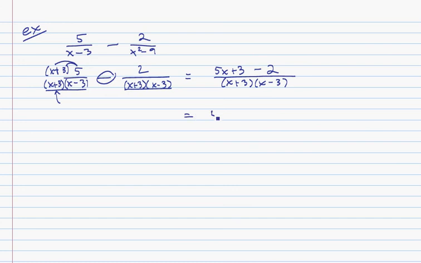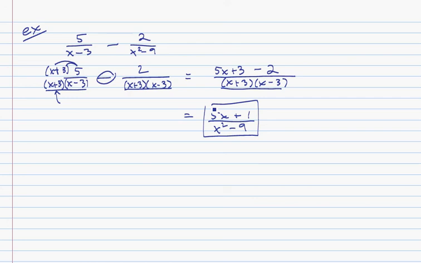And then we have 5x plus 1. Now traditionally, you're also going to expand anything you can, so I'm going to write this out as x squared minus 9. So my goal has been achieved. I found a common denominator, I added them together.